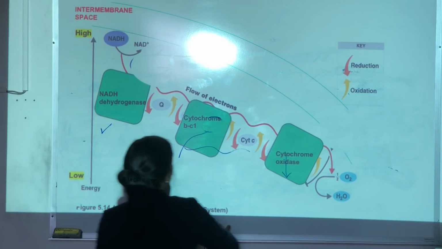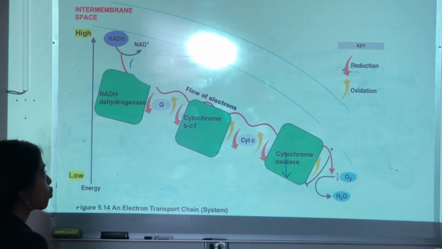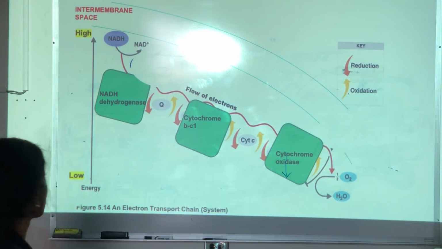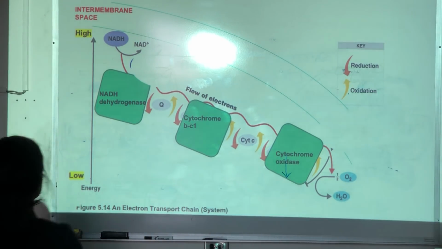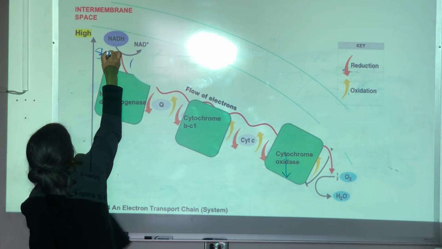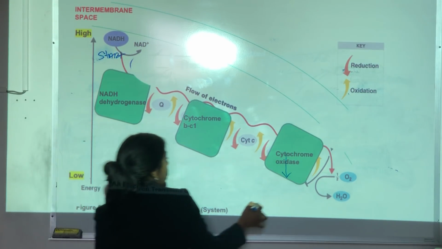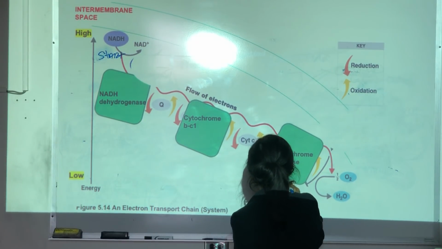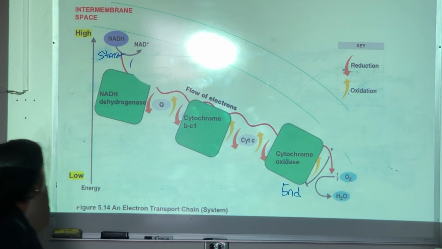All right, so this model you guys don't have, but you can look at it here. This is for NADH just to reinforce this. If we're starting out at the chain, so this will be the start of the chain, and then when we end, we're over here, the end of the chain, when oxygen is converted into water.